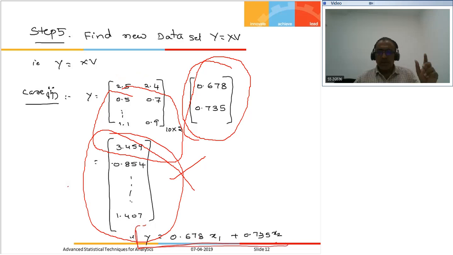Actually it is a 10 by 2 matrix, and now we reduced it to a 10 by 1 matrix, where we ignored the second feature, x2, because we feel that its contribution is 3.5% or so, which can be ignored. That's why we proceed further with this, and we can use a visualization technique to understand the spread of the data. So this is how the principal component analysis concept works.